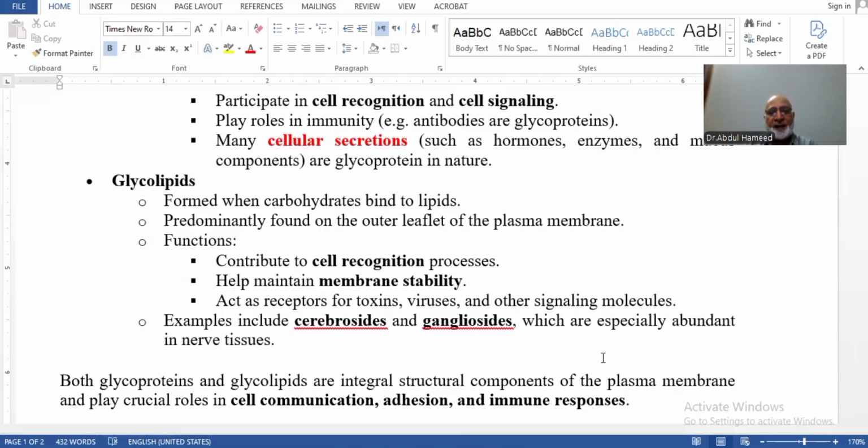Toxin and virus recognition may be detrimental for the living organism, but it is there, and the other signaling molecule functions may be useful. Examples include cerebrosides and gangliosides, which are abundantly present in nerve tissues.